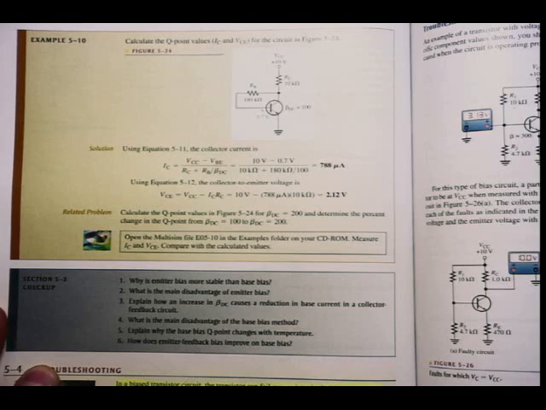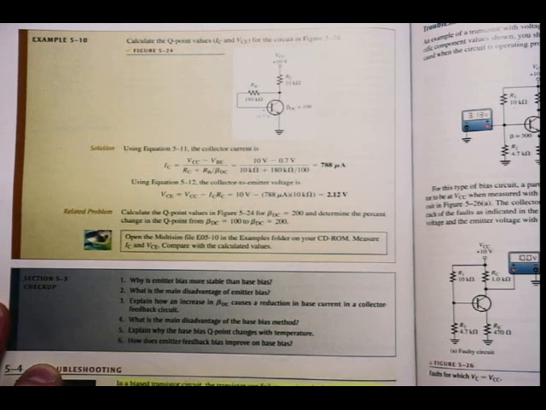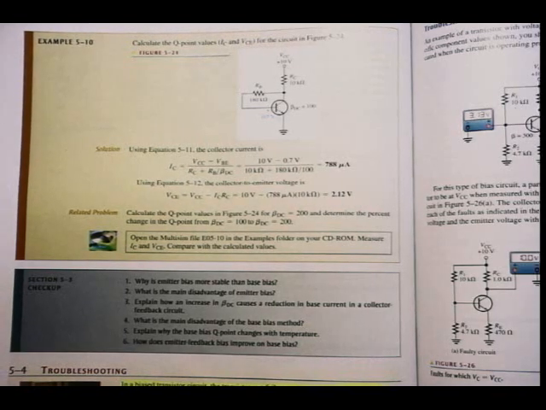Then using my formula, IC is equal to VCC minus VBE over RC plus RB divided by beta DC, we get a current of 788 microamps. And then using equation 5-12, VCE is equal to VCC minus ICRC, 2.12 volts. That is the collector feedback biasing.